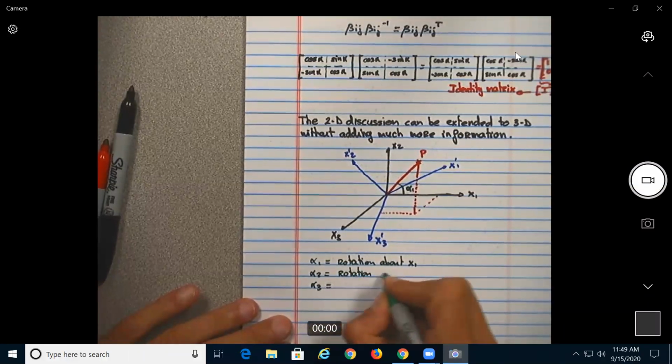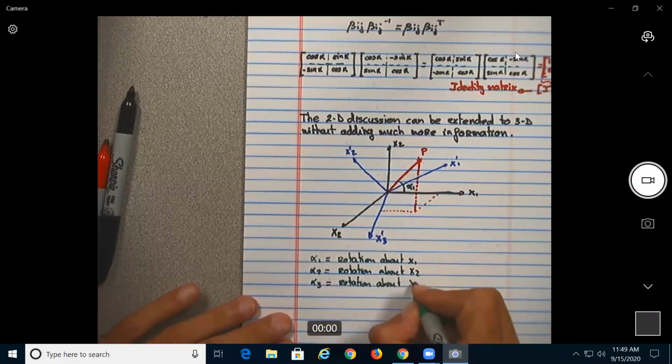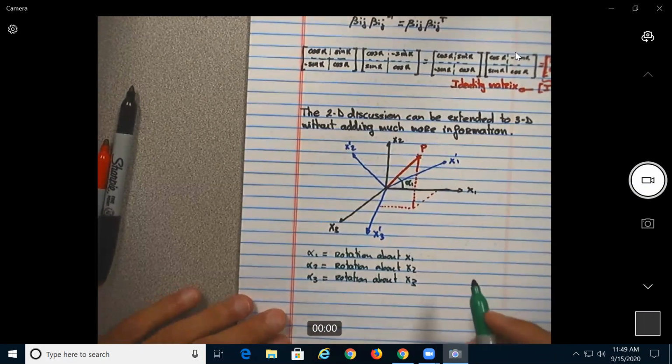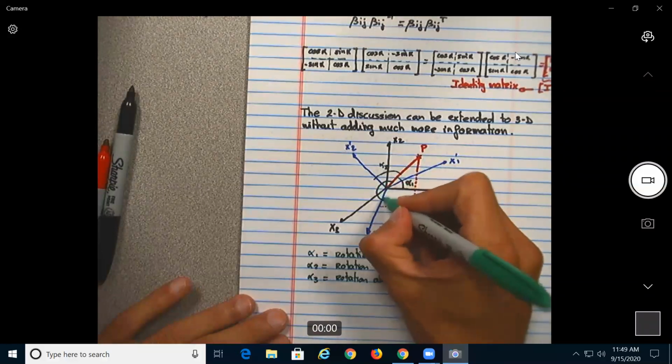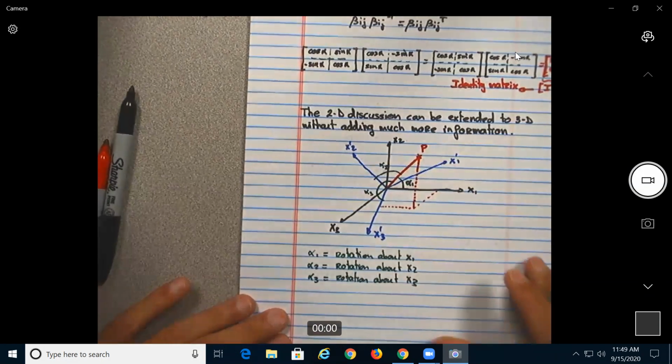About x2. Rotation about x3. So this will be alpha 2, and this will be alpha 3, no? Okay, the 3 rotations.